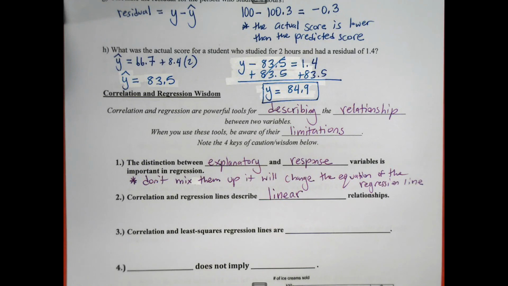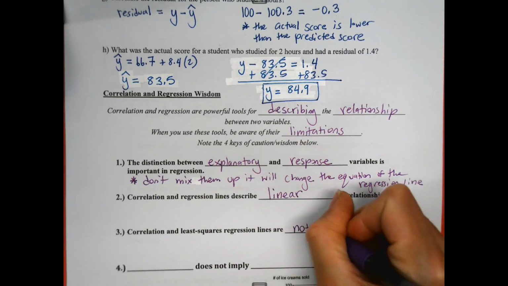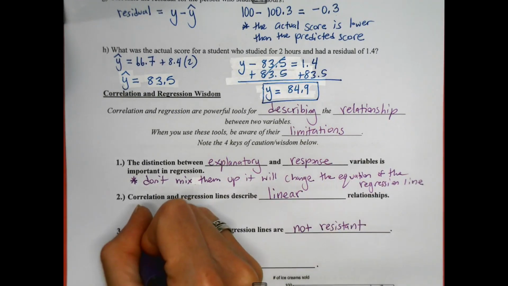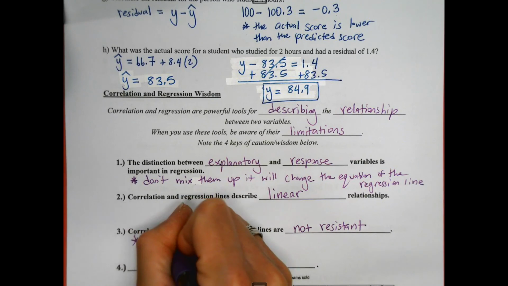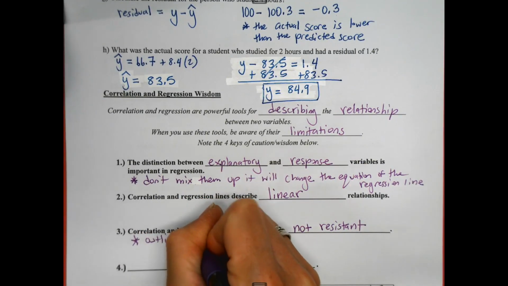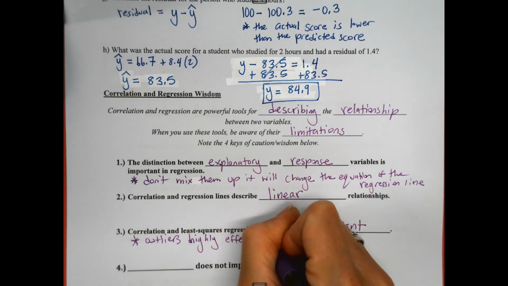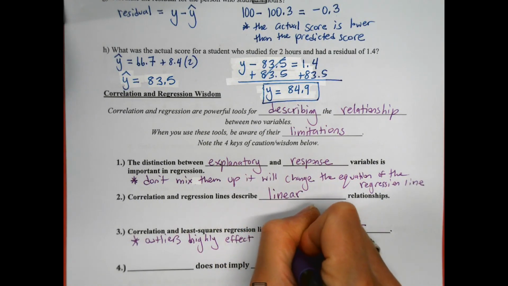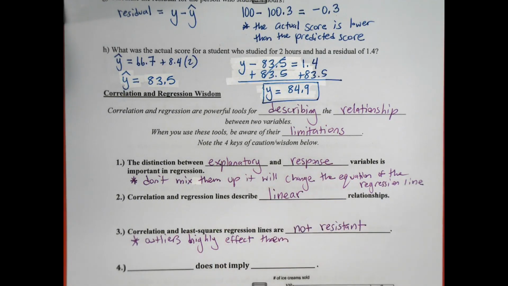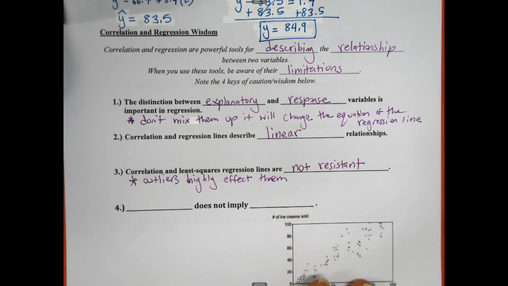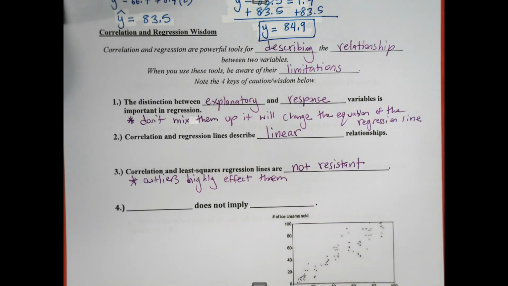Correlation and least squares regression lines are not resistant. Outliers highly affect them. If there are outliers in our data, we have to take that into consideration because it's going to drastically change our correlation and our regression lines.